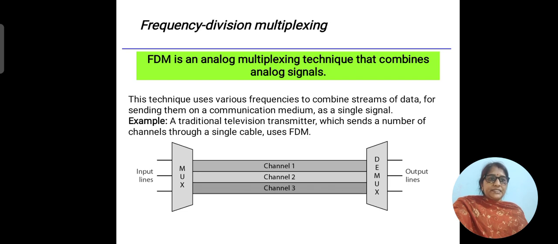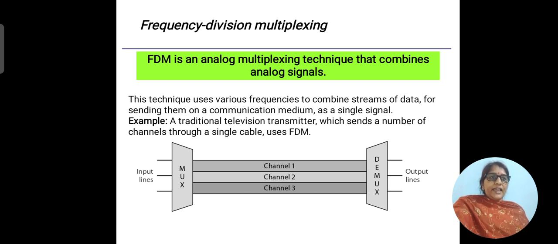So, in this slide, I have shown the block diagram in which the multiplexer has 3 input lines, and the blue color indicates channel 1, channel 2 and channel 3. Again the multiplexer has the 3 output lines.